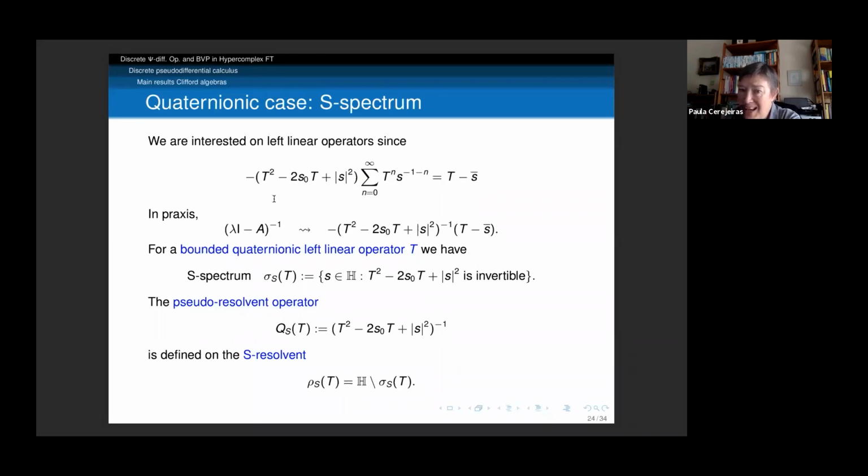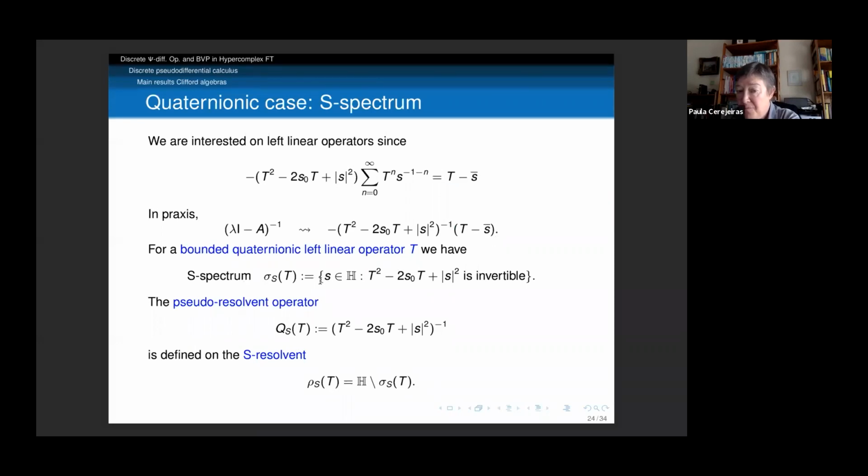So you can use this operator, which is a second order operator, T squared, as a counterpart of the resolvent operator in the classic sense. But of course, since this is of second order, you have to multiply it by T minus S-bar in order to get the correct order.